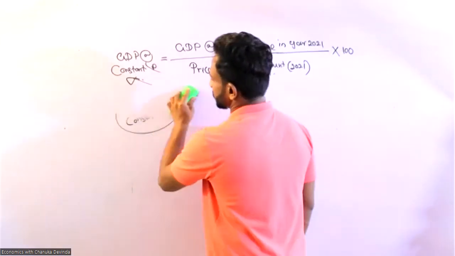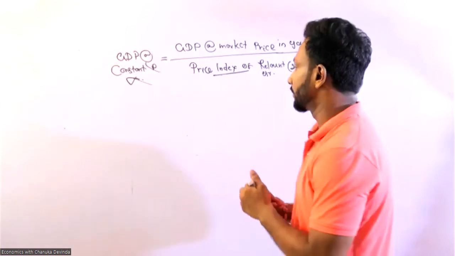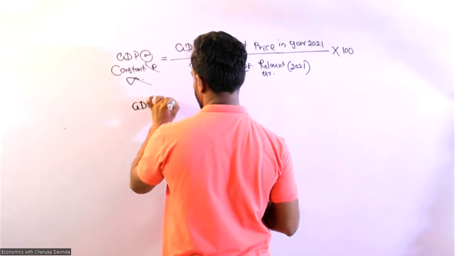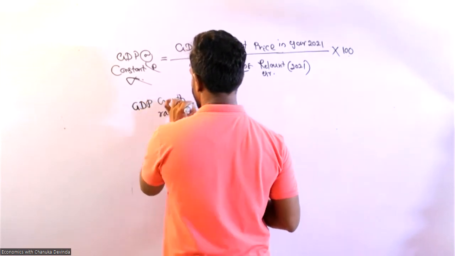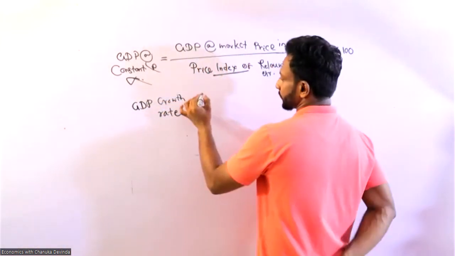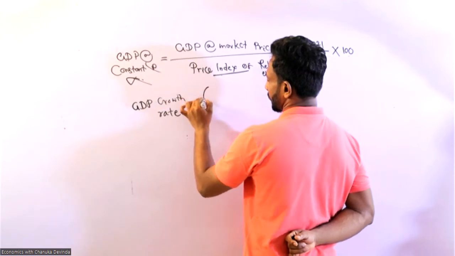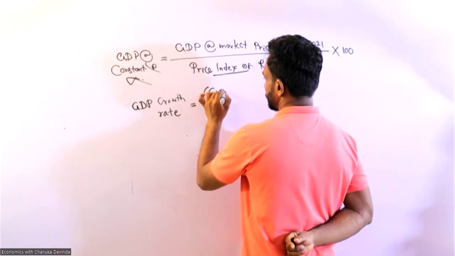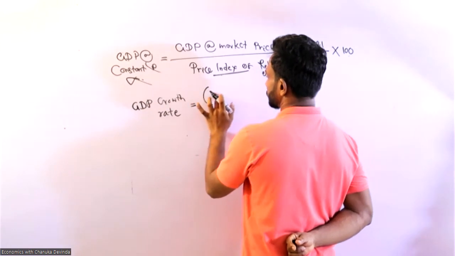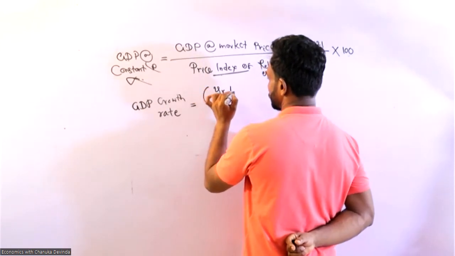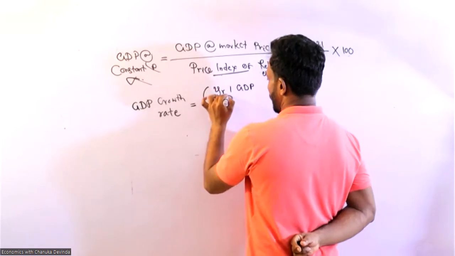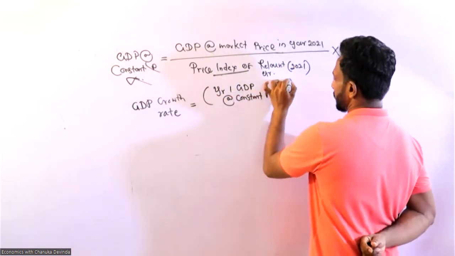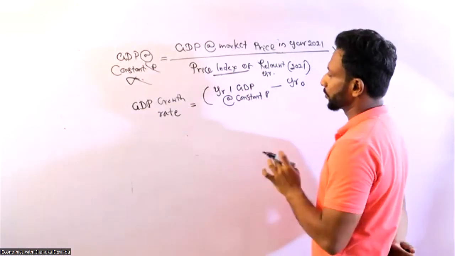Then for the formula, you just need to calculate the difference. So economic growth rate or GDP growth rate is equal to current year, year 1, GDP at constant price, minus year 0 GDP at constant price.